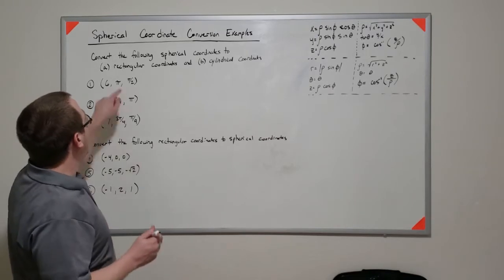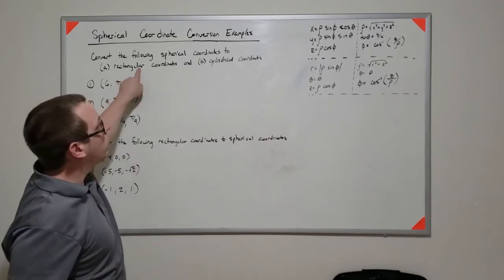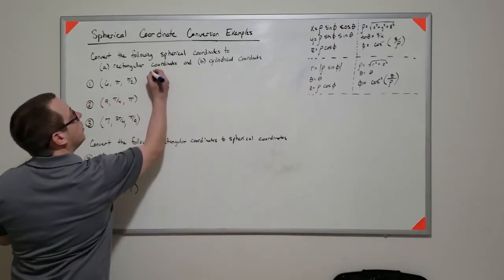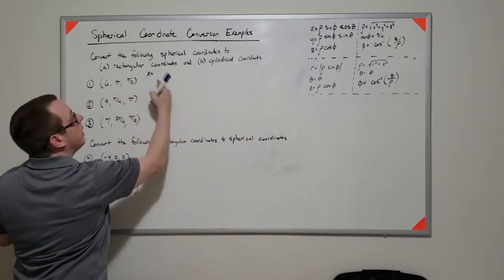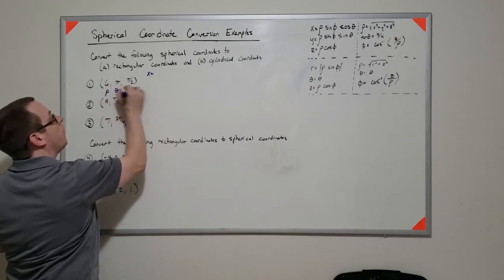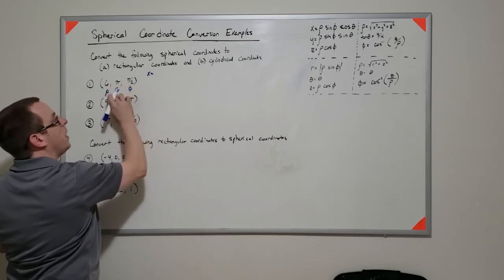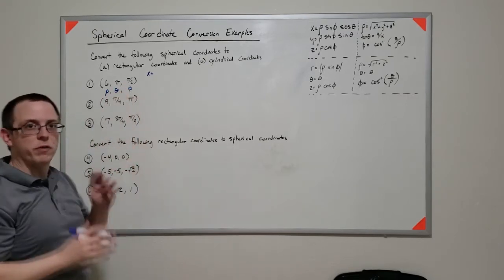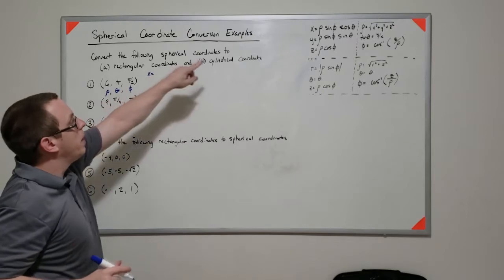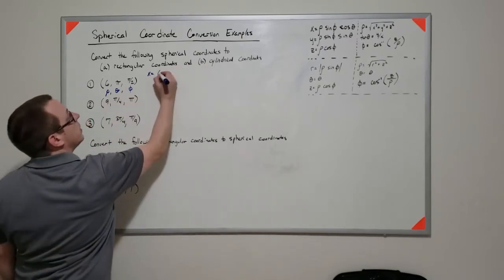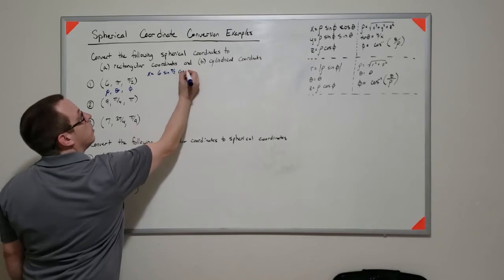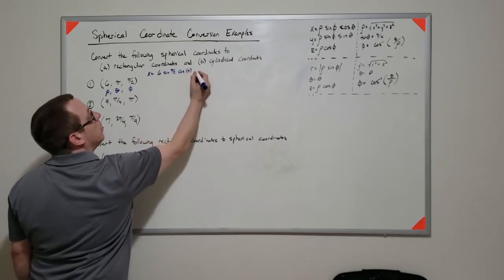So I have spherical, and I want rectangular. These give me rectangular, so x equals rho sine phi cosine theta. Remember, this is rho, theta, phi, so phi is your third coordinate. So we have sine of phi, rho is 6, sine of pi over 2, and cosine of pi.